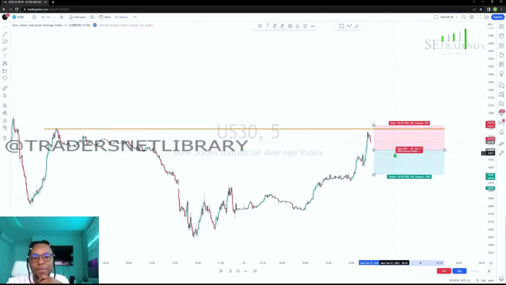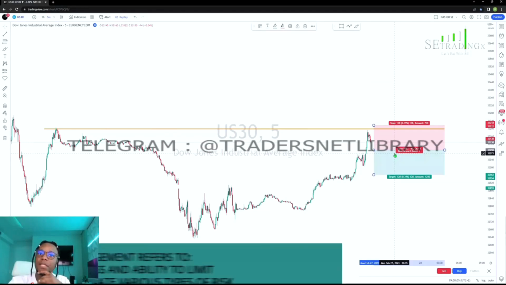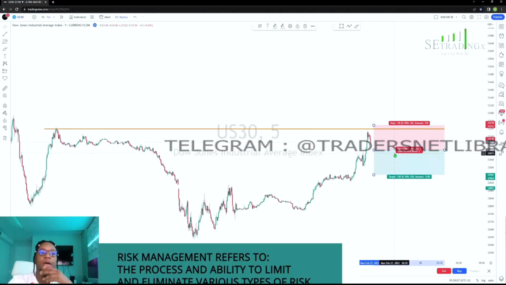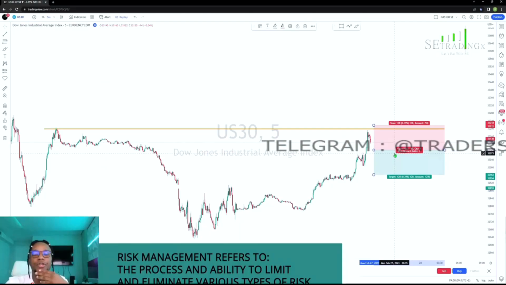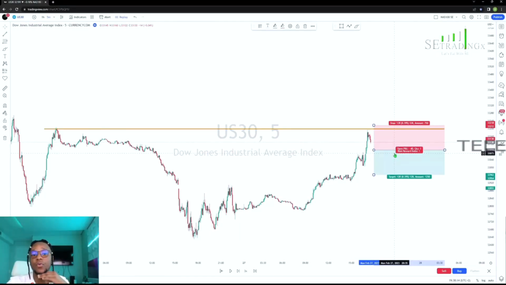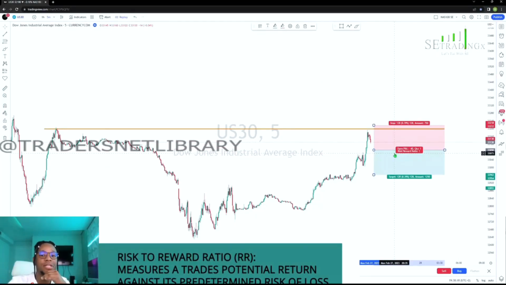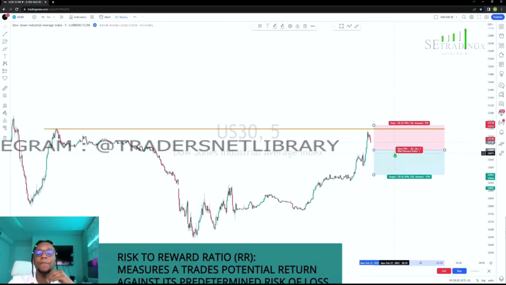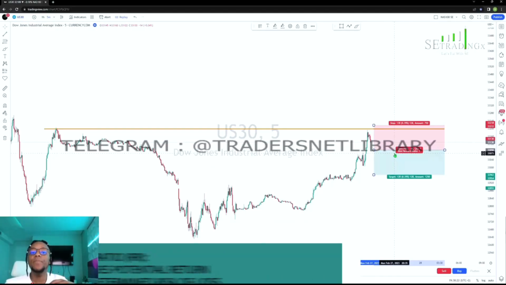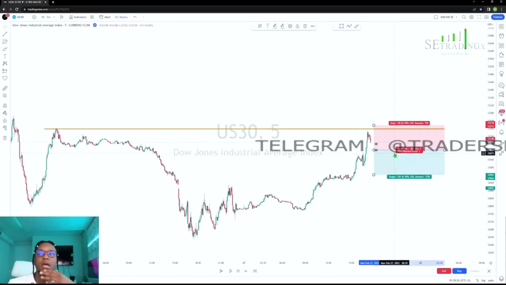What is proper risk management? Proper risk management is basically your risk to reward ratio. So you cannot be risking $100 trying to make $150. It makes no sense. It has a really bad risk to reward ratio because you're risking a lot just to make a little $50. It's still good in the sense that if you do win the trade, you make an extra $50 over what you could have potentially lost.